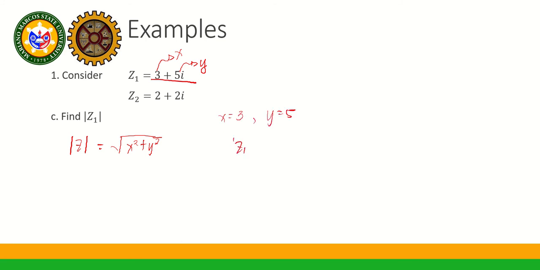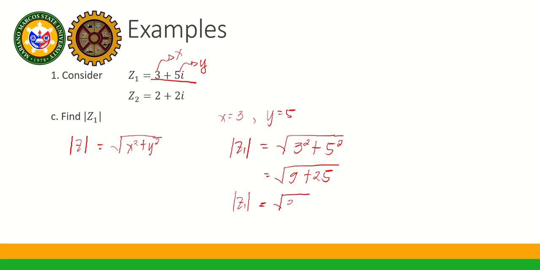So the modulus of z sub 1 is equal to the square root of x squared, which is 3 squared, plus y, that is 5 squared. So this will be equal to the square root of 9 plus 25. So the modulus of z sub 1 is equal to the square root of 34. Okay? So that is example number 1 in the properties of modulus of complex numbers.